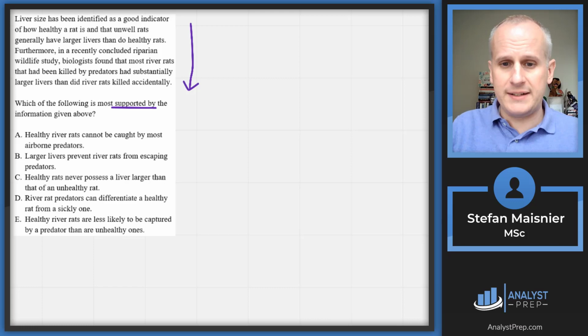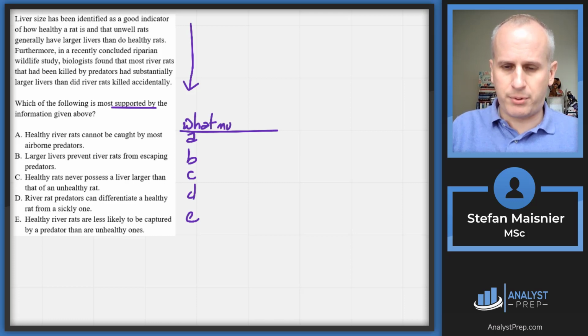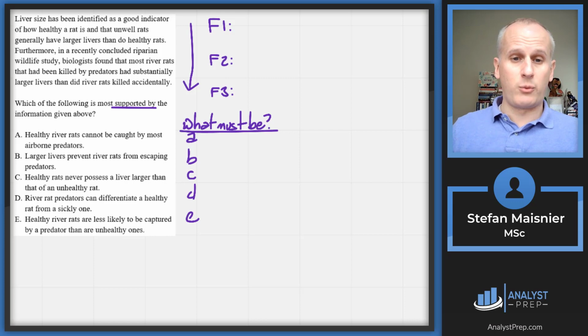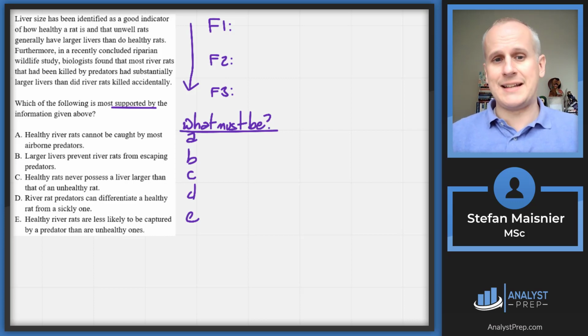That indicates our task directly, which is going to be a what must be, or inference style, question. So we set up our scratch pad: what must be. We're just going to take some shorthand fact notes, and you can preemptively set up, say, 3 facts where you're going to jot down what the prompt says as we go.